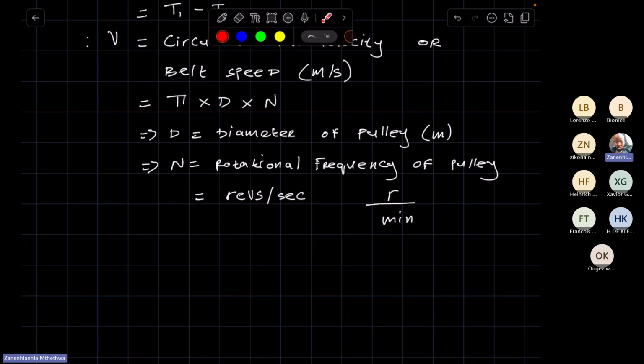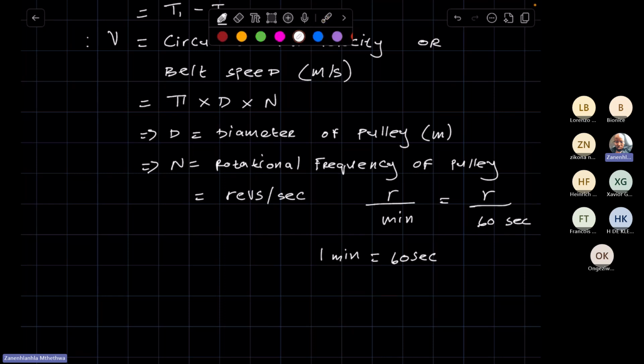The way you do that is you convert the minutes to seconds. 1 minute equals 60 seconds. So you divide whatever value you have here by 60 to convert from revs per minute to revs per second.